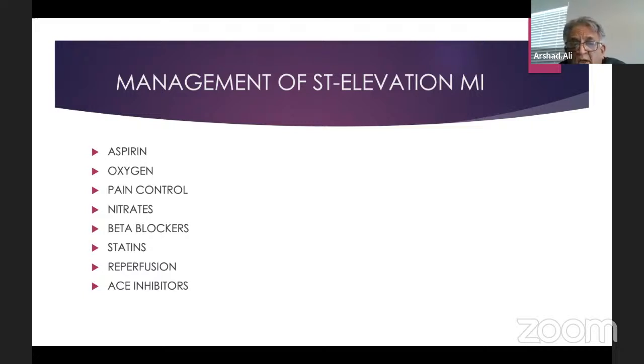The only time you need to be careful about giving sublingual nitroglycerin is if somebody has an inferior MI that involves the right ventricle. If it's a right ventricular infarct, you can cause hypotension and bradycardia in those people. Also be careful if the patient is dehydrated and their blood pressure is on the low side, because it can cause a sudden drop in blood pressure that can make the situation worse.